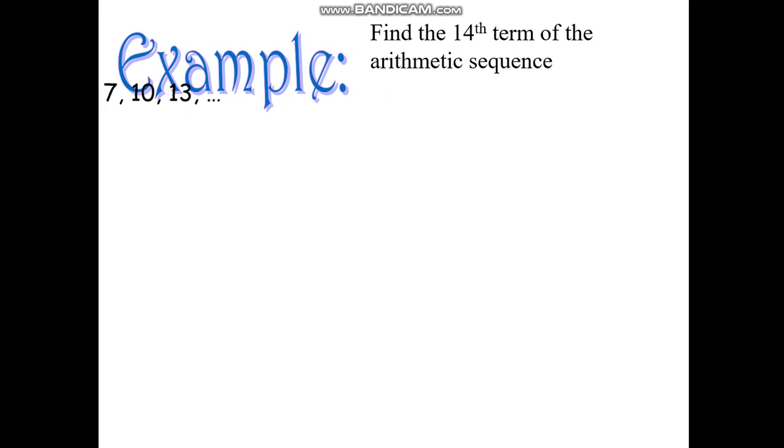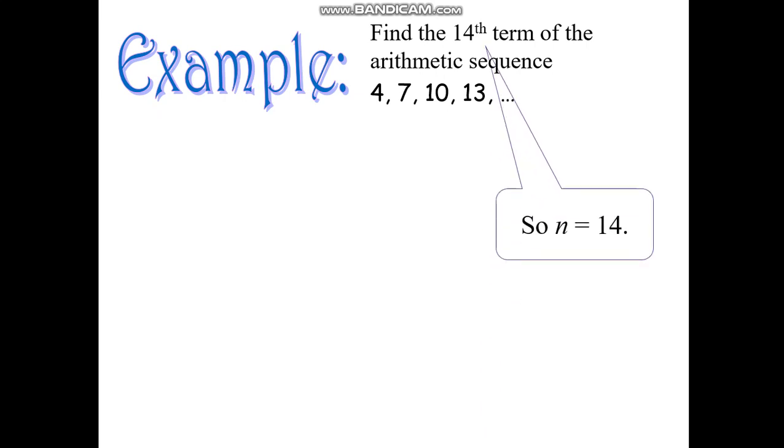So let's see how this works. Let's say we want to find the 14th term in this arithmetic sequence. So 14 is our n. That's the place that we're looking for. And so I use this formula, and I'm going to fill in 14 for n. My first term is 4.